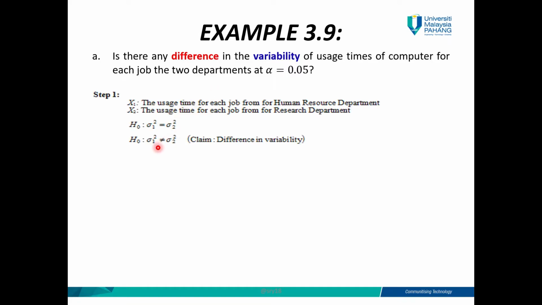Different means not equal. So sigma square 1 not equal to sigma square 2, in which notation 1 represents human resource, and notation 2 represents research department. So variance of human resource is different from variance of research department. This is your claim. Hypothesis testing is used to test whether this is true or whether it is to be rejected.